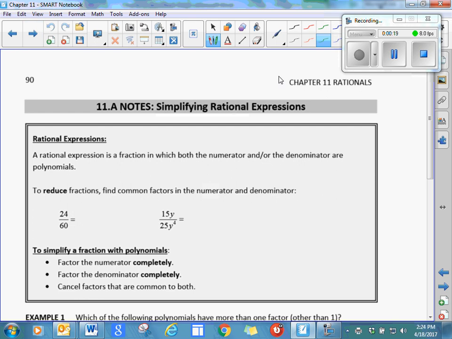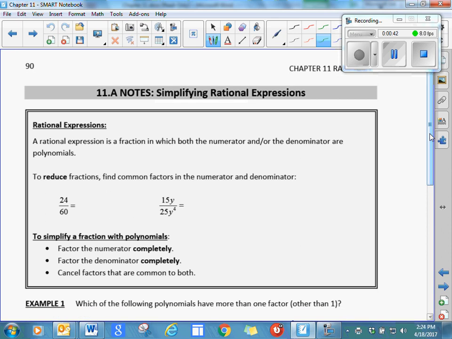We're on page 90, and the title of Unit 11 is rational expressions. So we're going to first go backwards a little bit and talk about what rational expressions are, and we're going to go back and talk about GCFs and trying to write rational expressions in a simplified fashion.